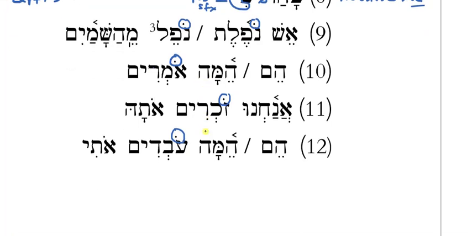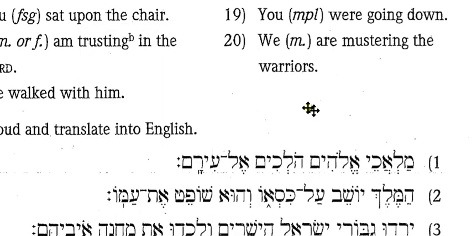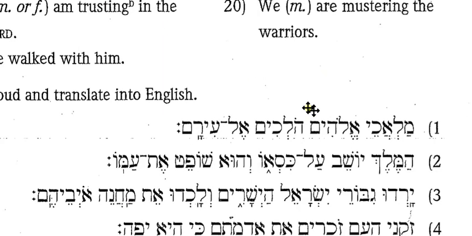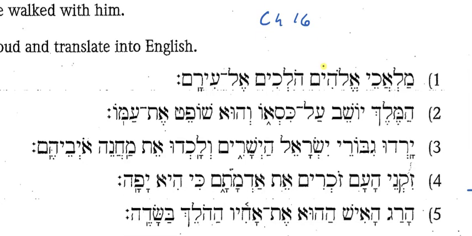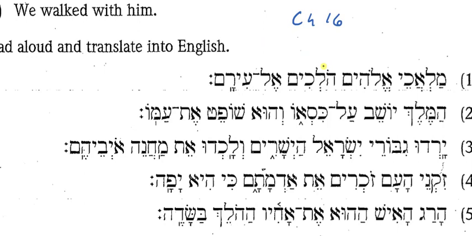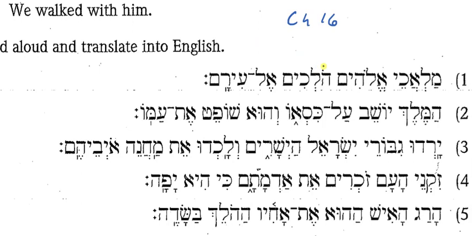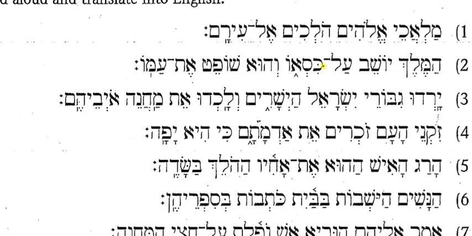Let's look at the Ross translation work here. Okay, so here is the chapter 16 homework in Ross. Any questions on these translation exercises? So look at number 2 here.